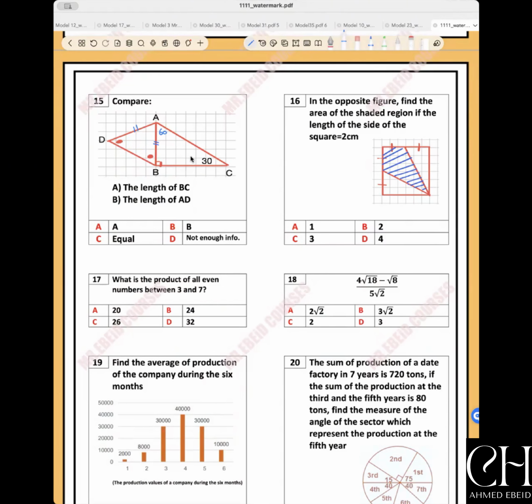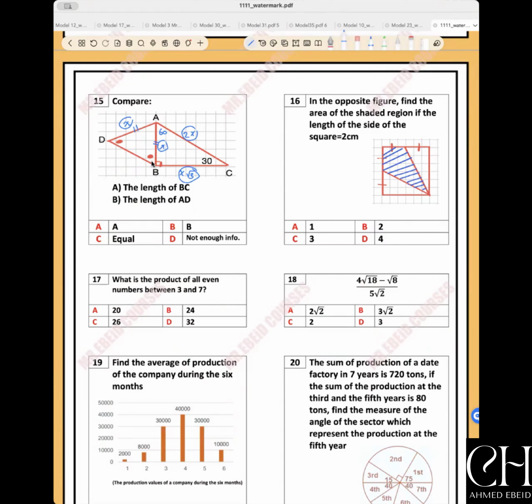You know that in a 30-60 triangle, if the side opposite to the angle of measure 30 is x, the hypotenuse is 2x, and the third side is x root 3. If this side is x, this side also is x, because this is an isosceles triangle. Let x equal 1.